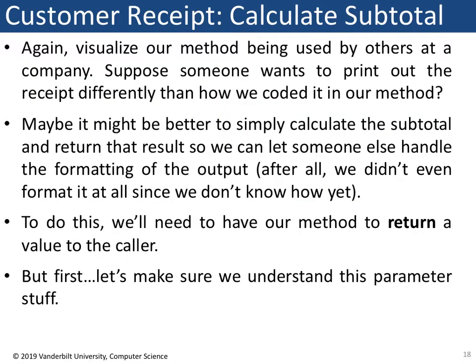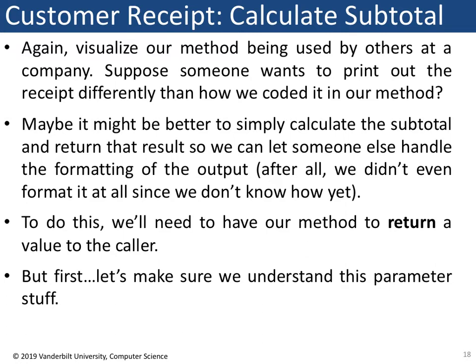A further consideration is maybe this is going to be used by a company in the future, and that company would like to format their own printout, in which case it would be better to calculate the subtotal and return that value and not display it in the same method which we calculated.